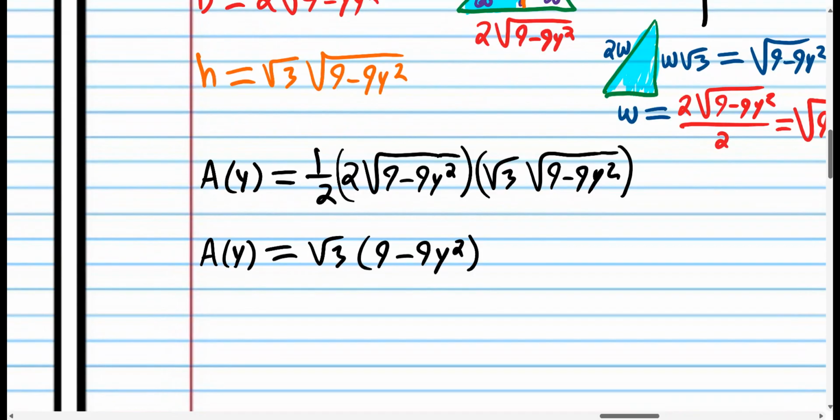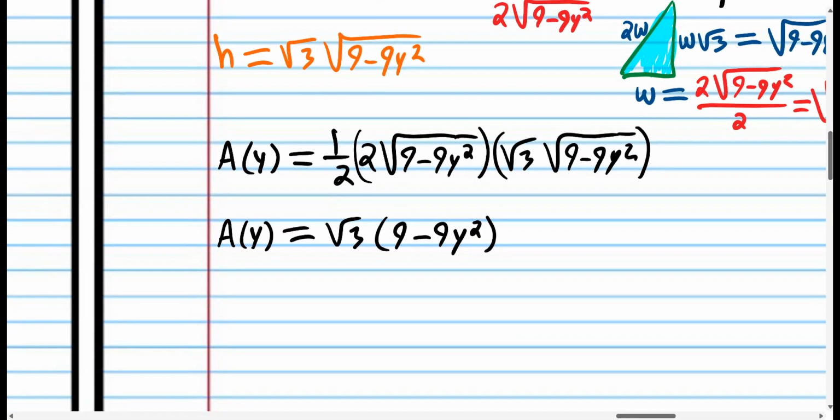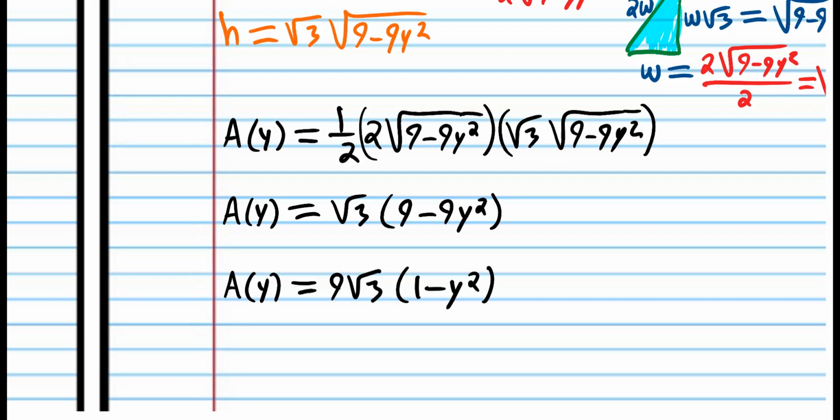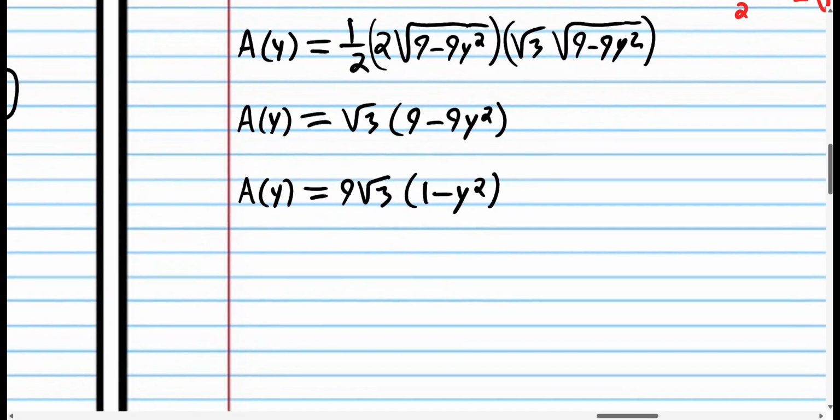When you multiply, the roots go away because the expression inside the root is the same for both roots. And 2 times 1/2 is 1. So I'm going to pull out that 9. So we have 9 root 3 times 1 minus y squared. I think that would be easier. Okay, so that is the cross-section area.